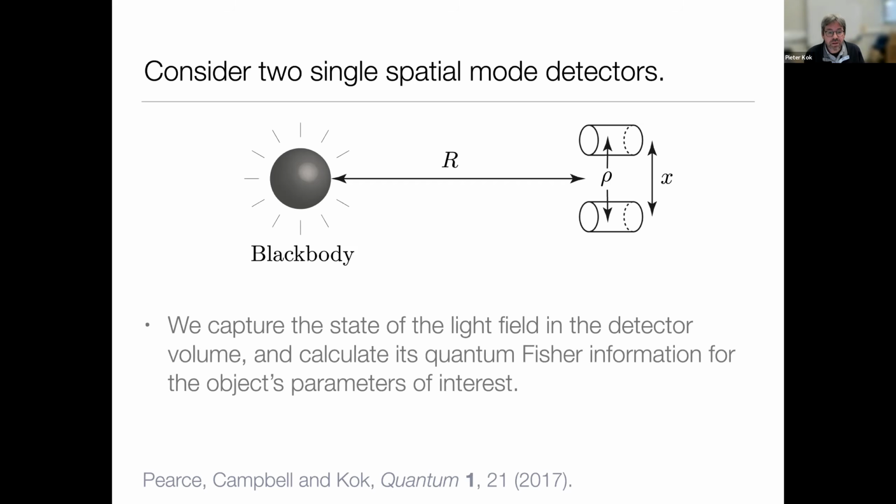Well, we capture the light in this detector, and so I turned this into a little volume, because we open our detector for a certain amount of time. So you can think of it as like a little drum. We capture a little volume of light, and we want to know, in the state of light in that volume, what is the amount of information about the spatial distribution of your black body source. Right? And so we have a state, so we can calculate the quantum Fisher information. It's not that easy, but it can be done.